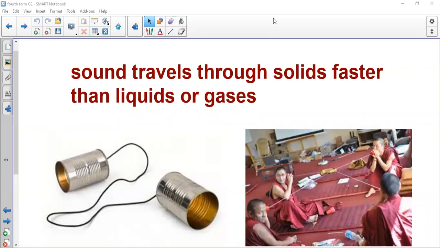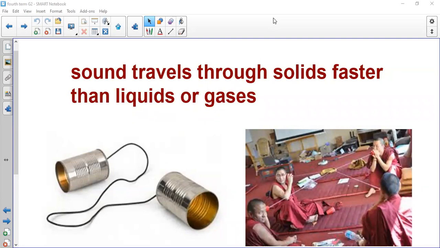Sound travels through solids faster than liquids or gases. Yes, so solids are the fastest way of hearing a sound. So sound travels through solids faster than liquids or gases.